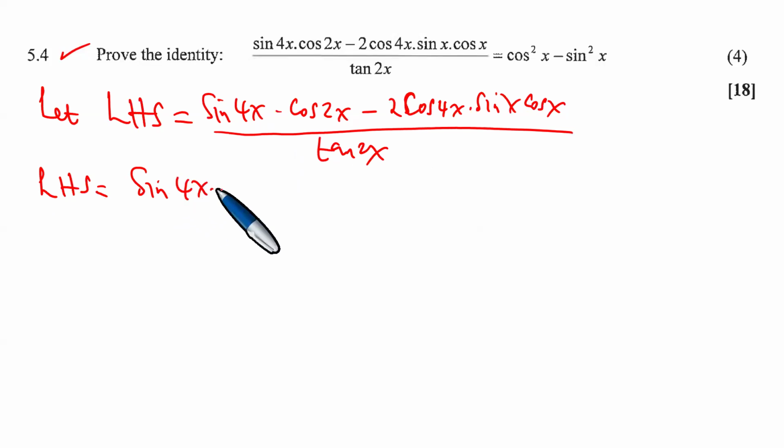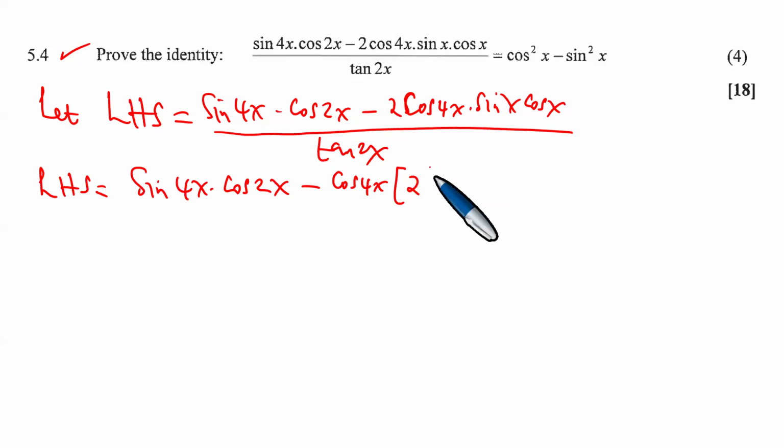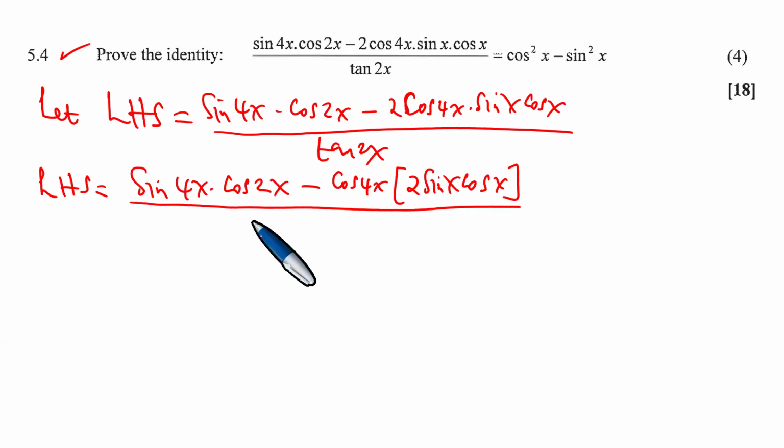But if you look at sine 4x, cosine 2x, and then this one you can write as cosine 4x, and you allow the 2 to go in, and you have 2 sine x cosine x, and it is all divided by the tangent of 2x.